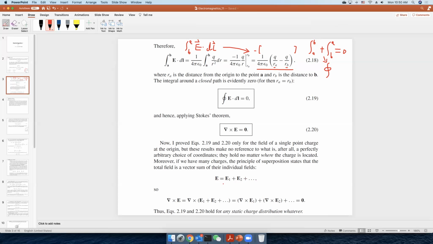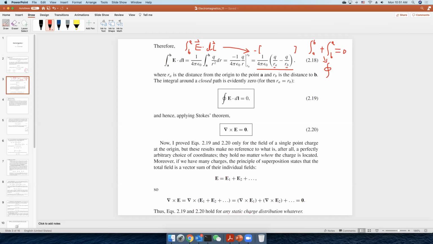In this case, we can demonstrate the curl of the total E, which is generated by multiple charges, is also 0, because the curl of each electric field generated by each charge is 0. Even if you do a vector sum and get the total electric field E, and then do the curl of this E, you will still get 0 plus 0 plus 0, which is finally 0.